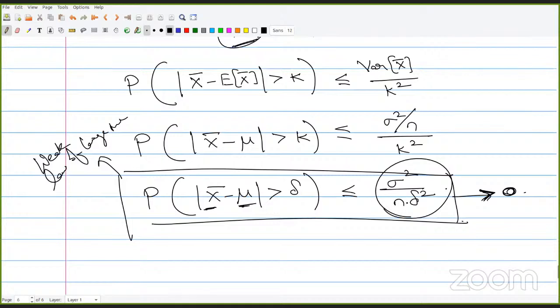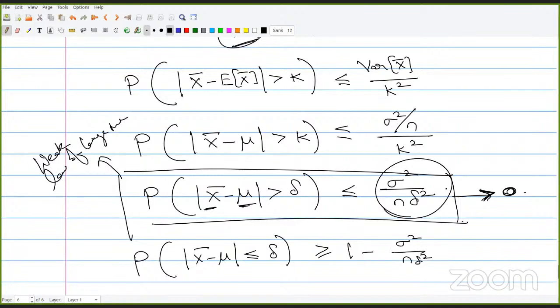This can also be written like this: the probability that mod X bar minus mu is less than or equal to delta is greater than or equal to 1 minus sigma square by n delta square. Within that band.